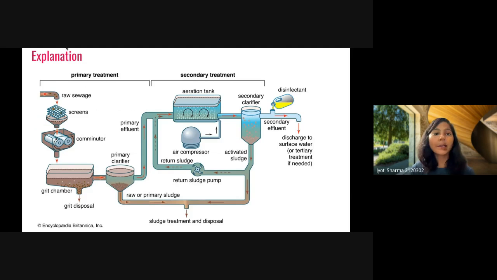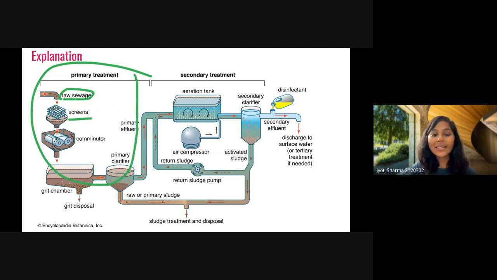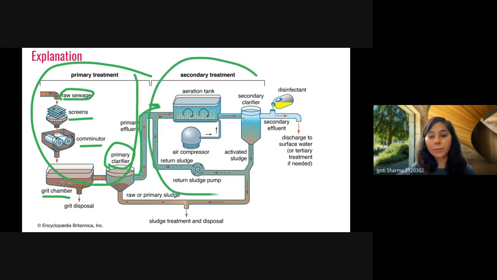So just see here, if we do have sewage water, then this part is the primary treatment. We are using screens, we are crushing that. For example, we have some containers, we have plastic, so we also have to crush that. Then we are using a grit chamber, then we are using a primary clarifier, and then after this the water will go on to the secondary treatment.